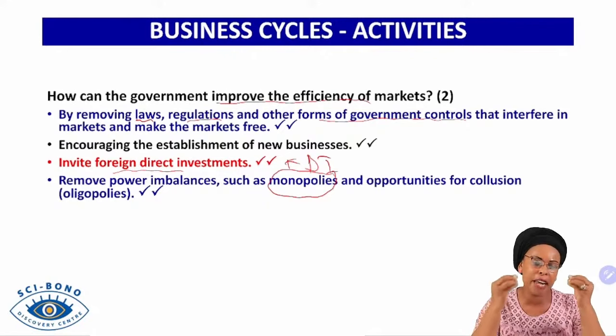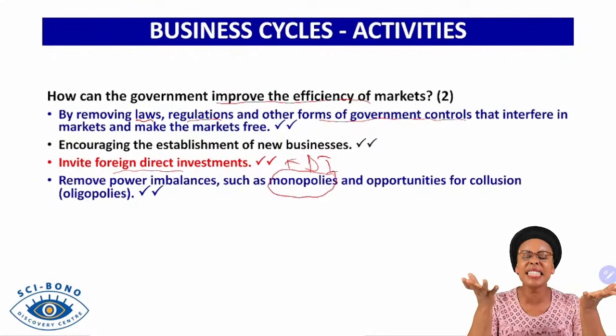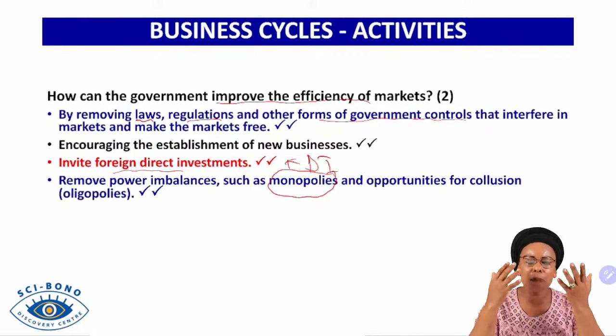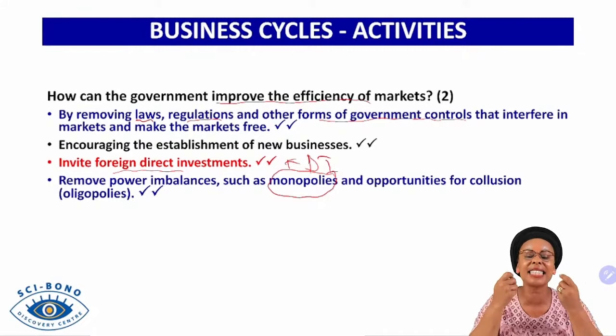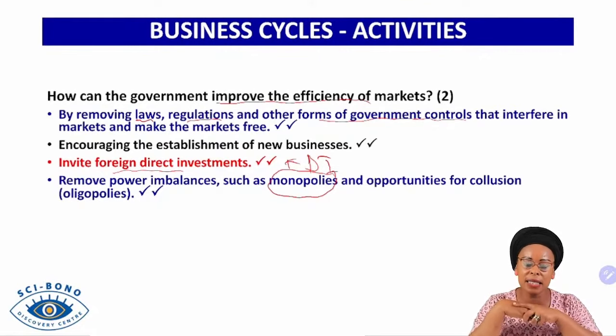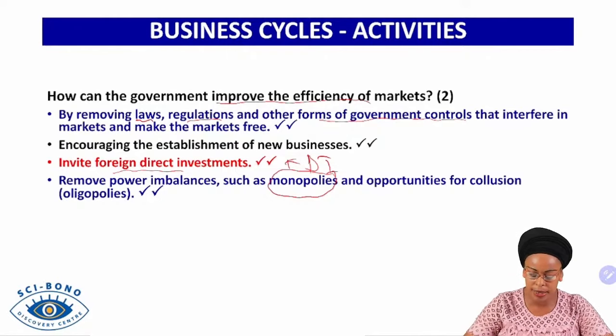Other businesses cannot enter. But if the government can help in removing those restrictions, other businesses can enter. Maybe that particular natural resource that Eskom has access to can be available even to other businesses so that they can enter the market and also provide electricity. Then the supply will increase.